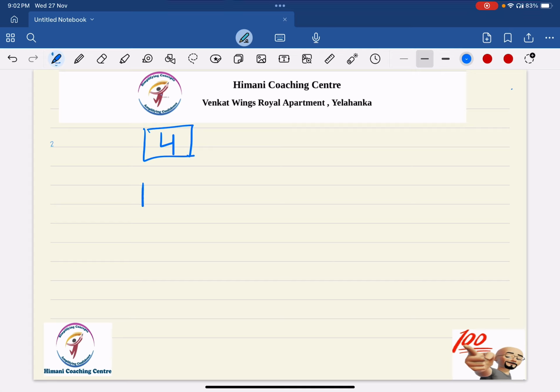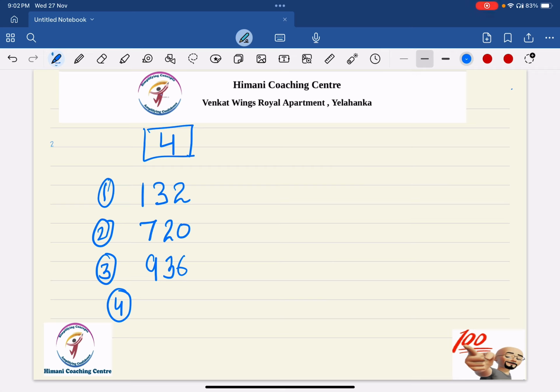So I'll just write 132, number 1, number 2, 720, number 3, 936, number 4, let us write a big number perhaps, 7131, number 5, let us write another big number, 97532.